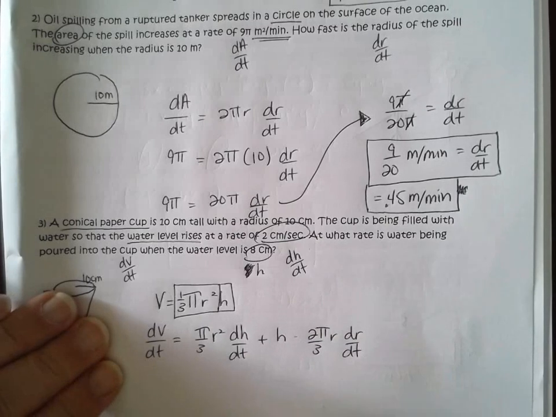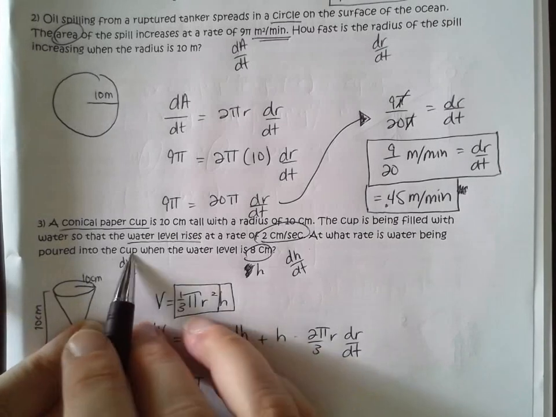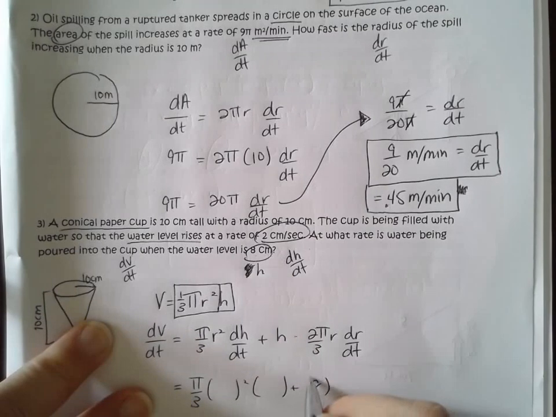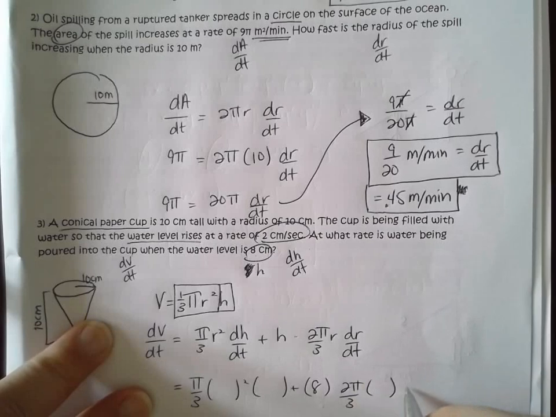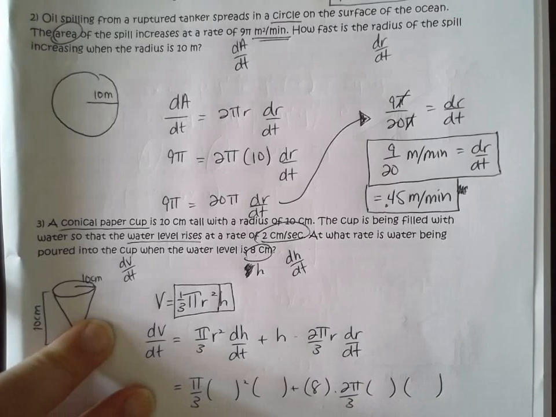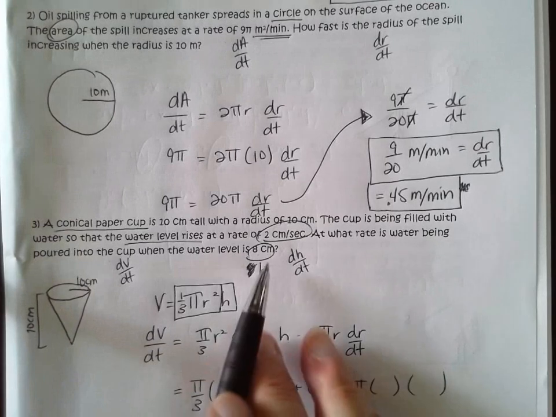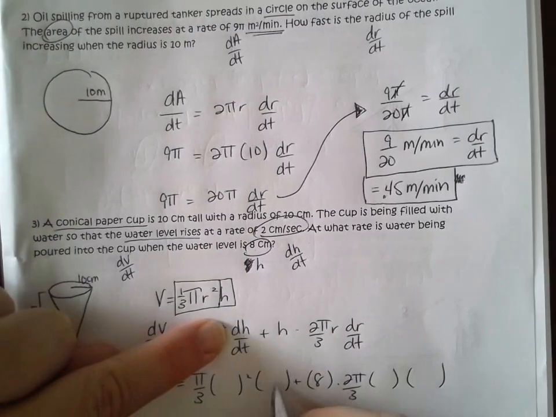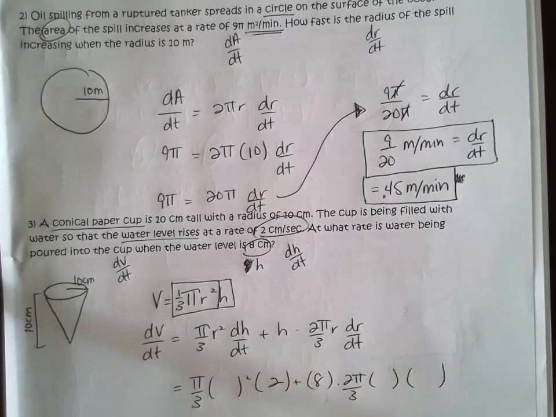And now let's plug in the values we know. We know that the water level is 8. That's your height. Okay, we know it's rising at 2. Rising would be your height over here.